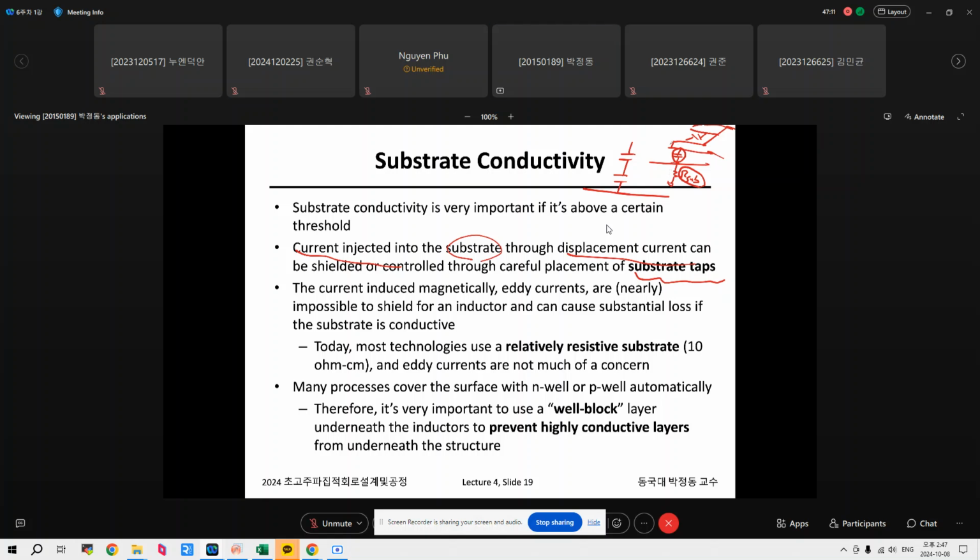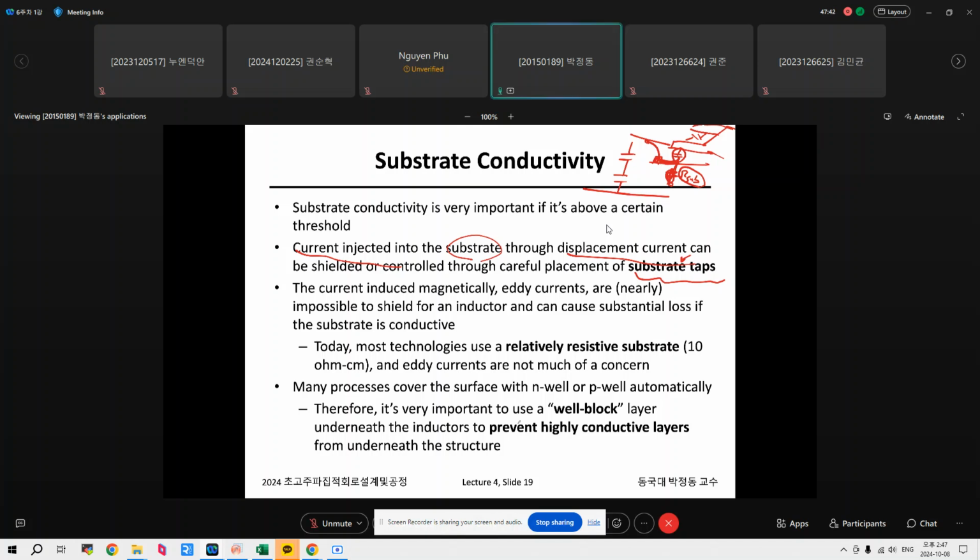You just place a substrate tap over here. Then this capacitor is not formed this way, but goes through this way. This path is not shown. That's what I mean. You have to use a substrate tap at a proper position.